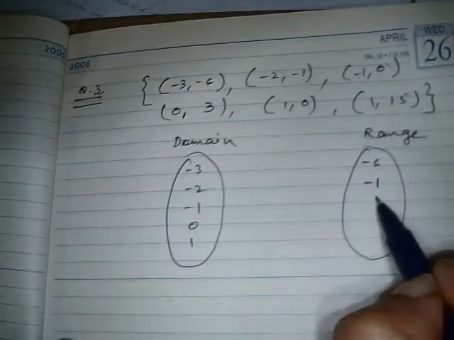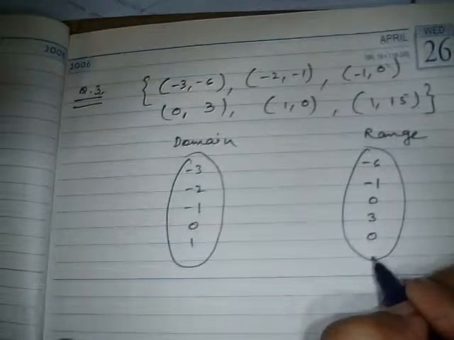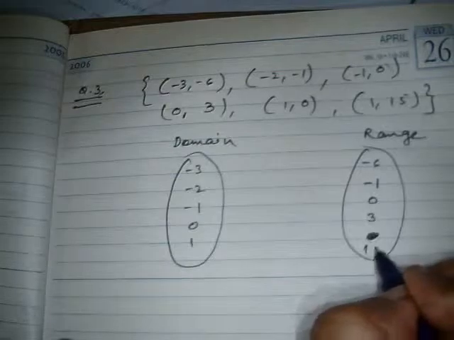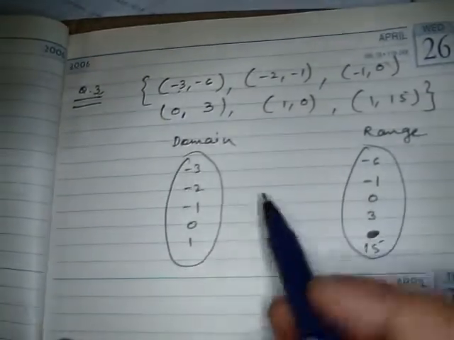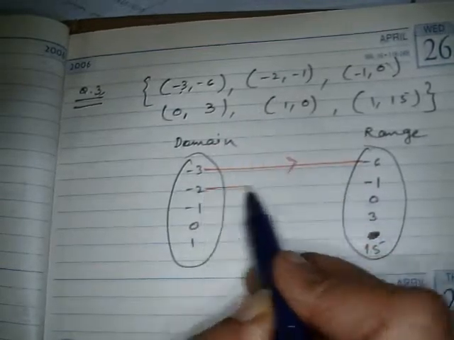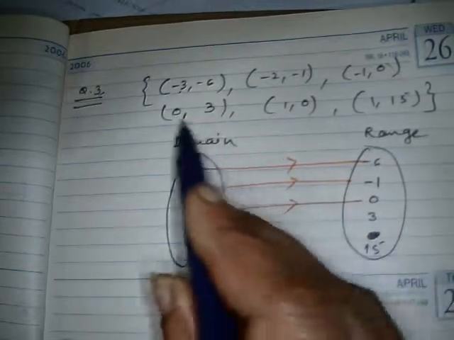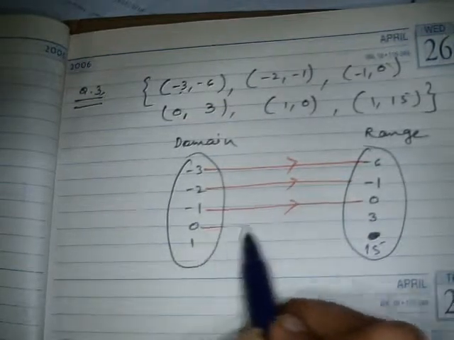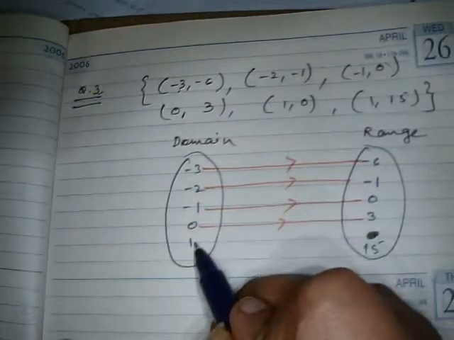-3 is related with -6, -2 is related with -1, -1 is related with 0, 0 is related with 3, 1 is related with 0, and 1 is also related with 15.